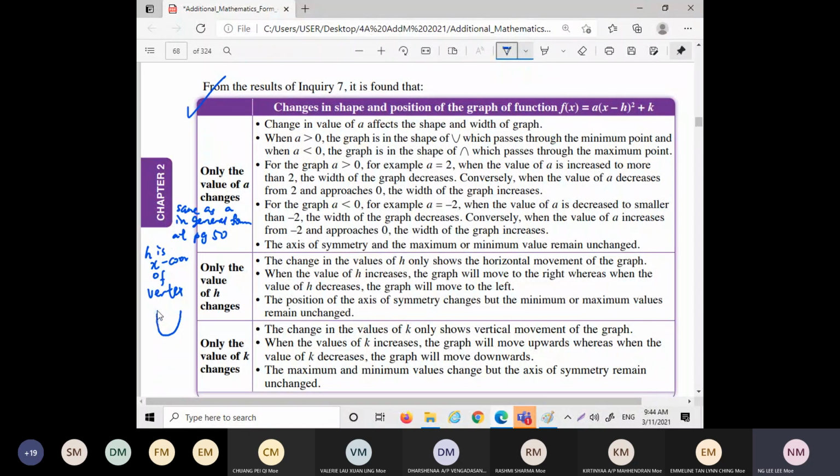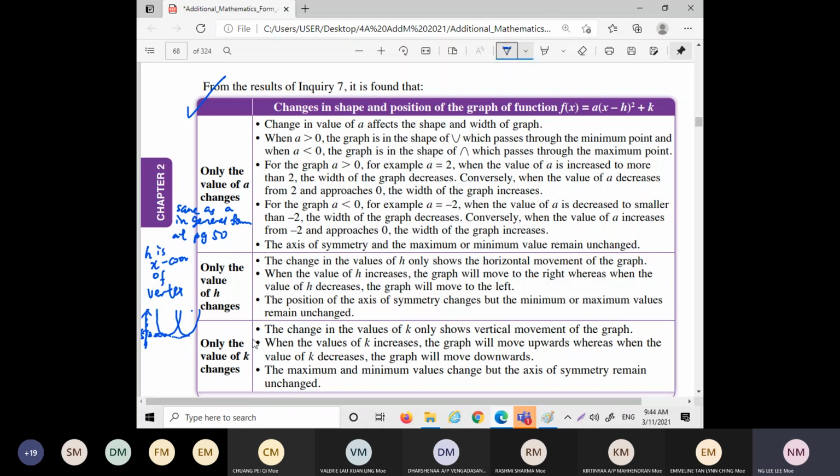If you have a graph this way, then when you change the H, let's say here is 5, so the minimum value is 5. When you change the H, you will just move this way. The minimum value still remains 5. Something like this.